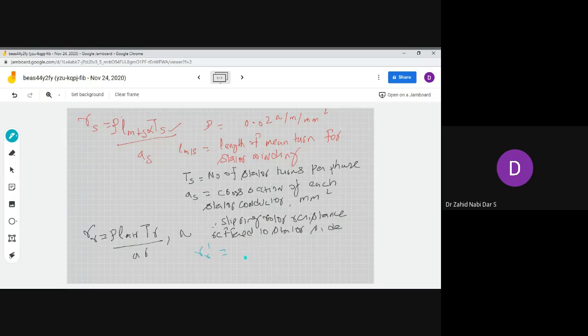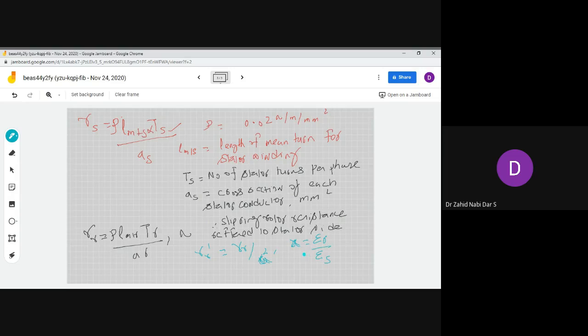So RR dash we write as RR divided by x square, whatever value, x or k, you are taking. I have written x square, I can write a square also, where a would be equal to ER by ES.